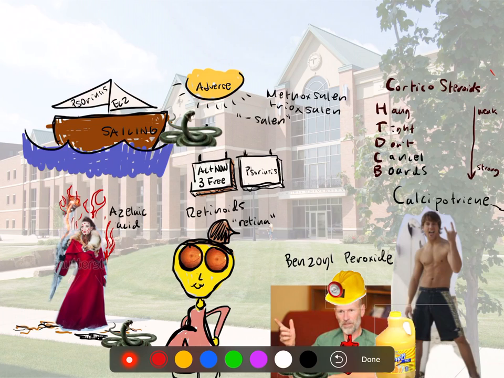Our final group of agents include the corticosteroids. They treat psoriasis and atopic dermatitis, which is eczema, and they have varying strengths, which I learned using this mnemonic: Hang tight, don't cancel boards, because you guys can do it.